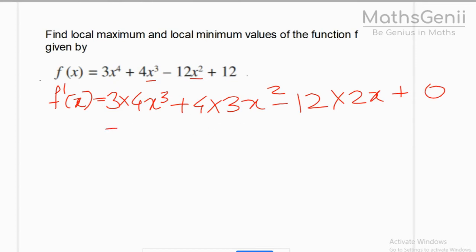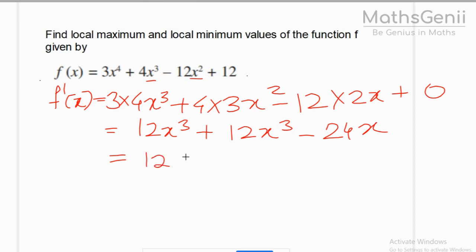So from this, I have 12x cube minus 12x square minus 24x. From all this, I'm taking 12 common, and I am also taking x common. So what will remain is here you have x square, here x, and here 2.